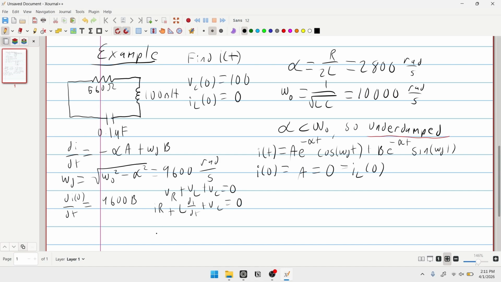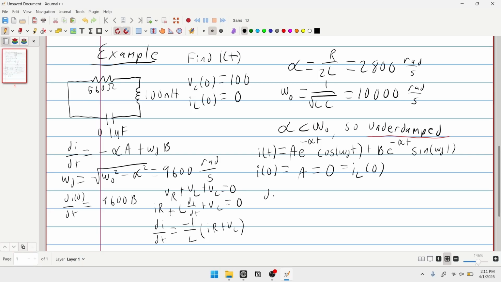If we rearrange, we have di/dt equals negative 1 over L times I R plus V sub C. If we find the initial, this will be the initial current, and this will be the initial voltage.